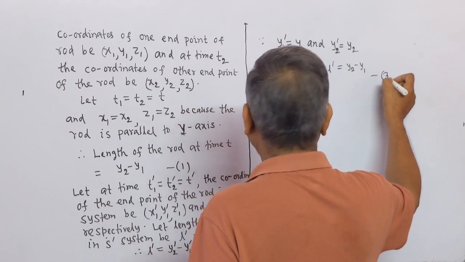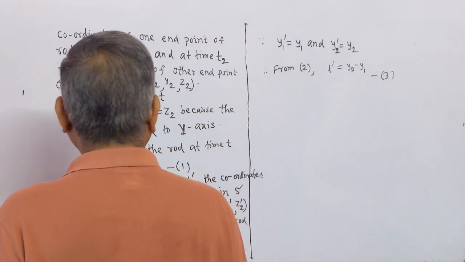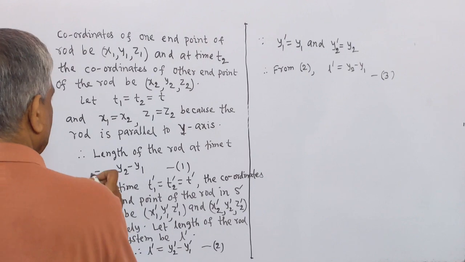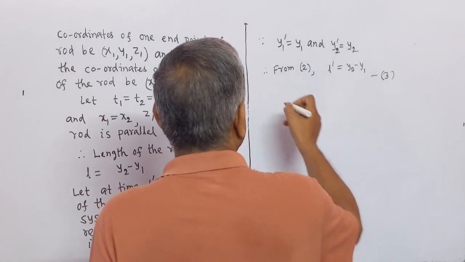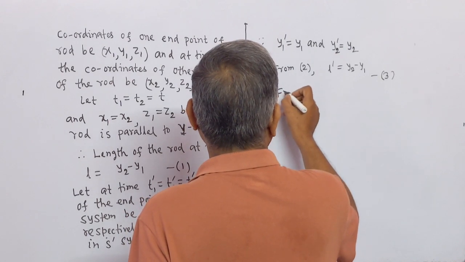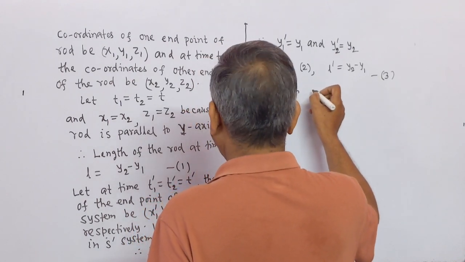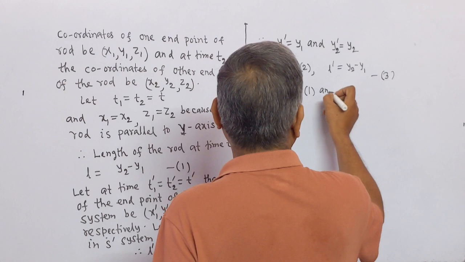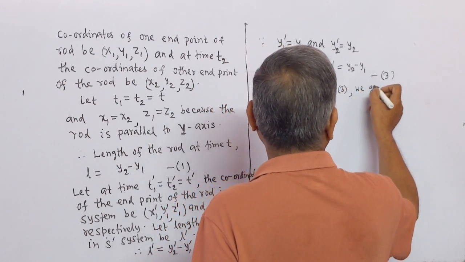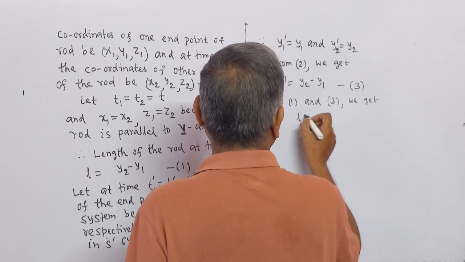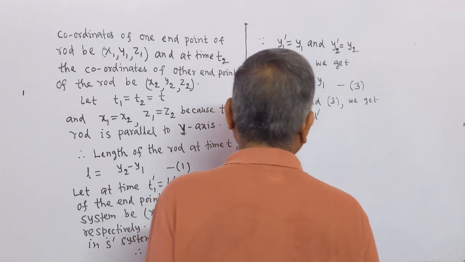This is number 3. Let this length is L. Therefore, from 1 and 3 we get L equal to L prime.